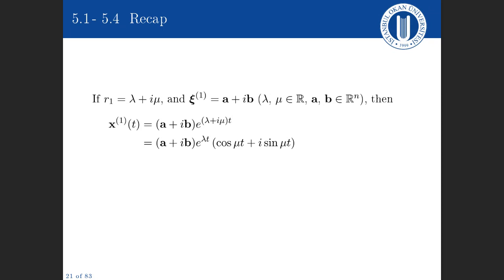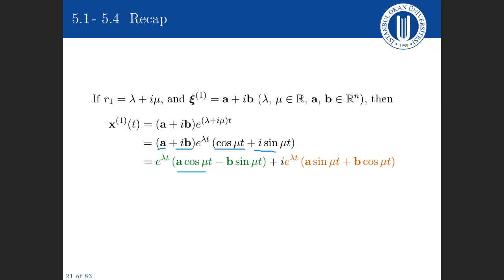Now I want to multiply this out and then gather the real terms together and gather the imaginary terms together. How do we get a real term? We can do a multiplied by cos, or we could do ib multiplied by i sine, because i squared is minus 1.